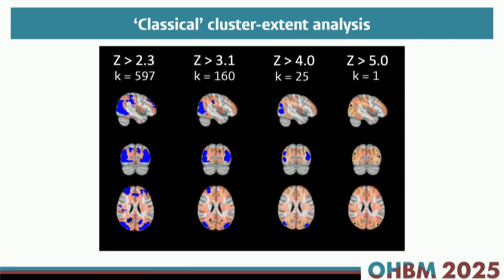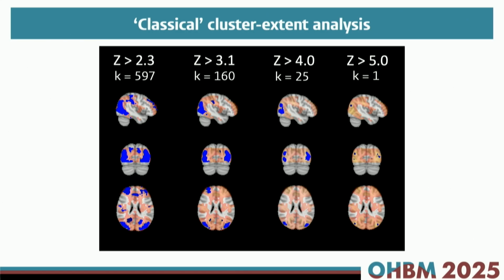And then if we do this, and I've plotted it here for different thresholds, so if we take a low threshold, like z is 2.3, then our k value is 597 voxels, and the blue regions that you see on the left side, let me see if I can get the pointer to work, that's over here. You can see we can find a lot of blue activation, a large number of clusters remain at this Z threshold, right?